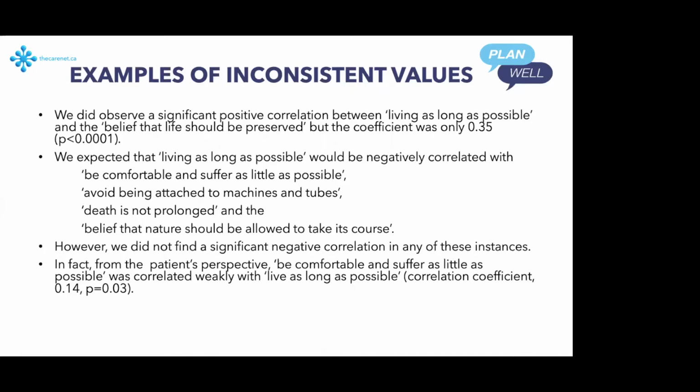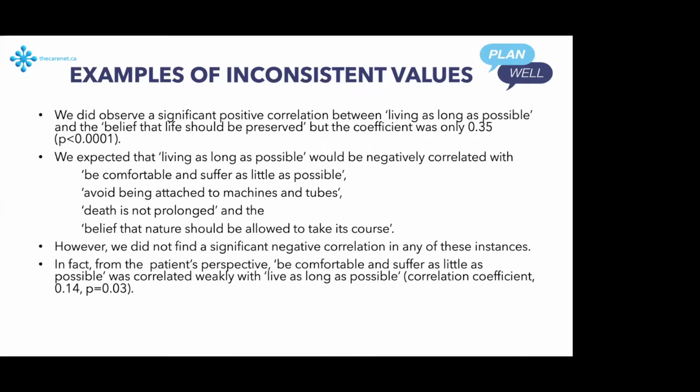And yet in none of these instances were the ratings of importance of these values negatively correlated. In fact, from a patient's perspective, on average, being comfortable, the thing that was rated as most important, was weakly positively correlated with living as long as possible.